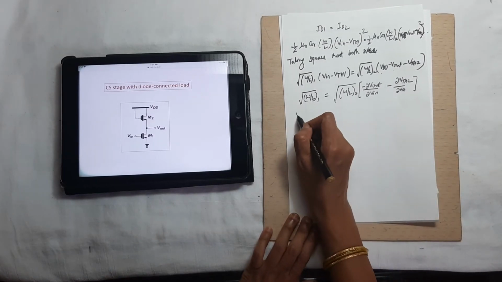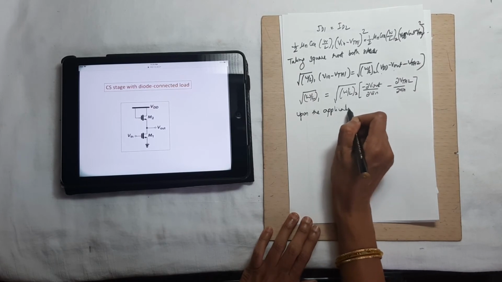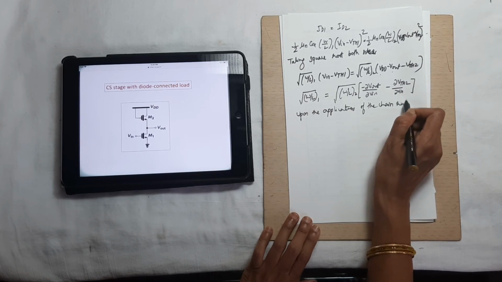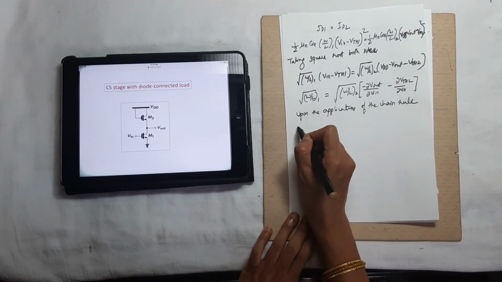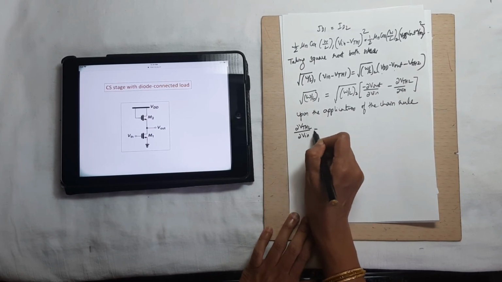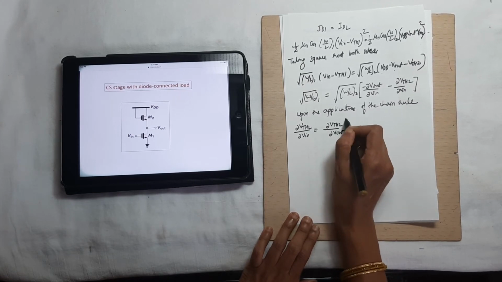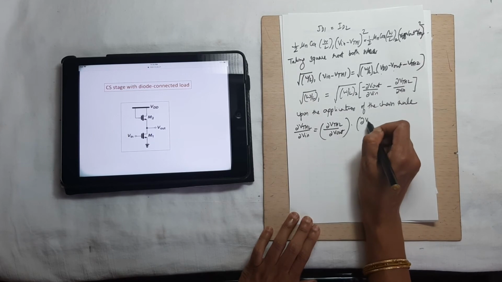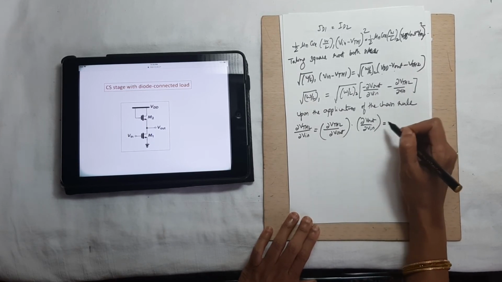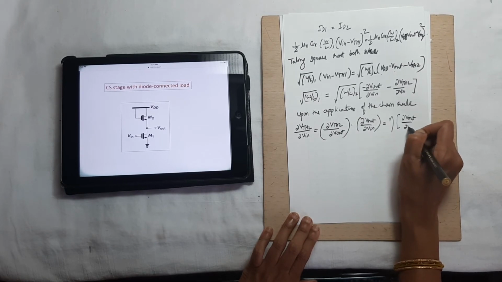Upon the application of the chain rule, dou VTH2 divided by dou Vin is equal to dou VTH2 by dou Vout multiplied by dou Vout by dou Vin. This is equal to eta into dou Vout by dou Vin.